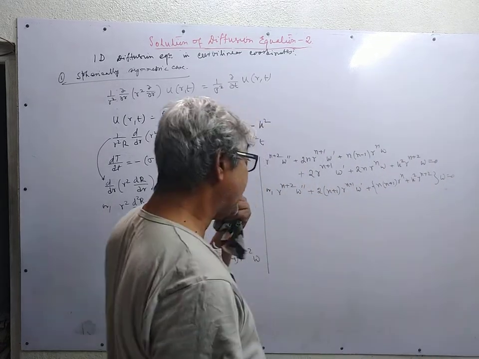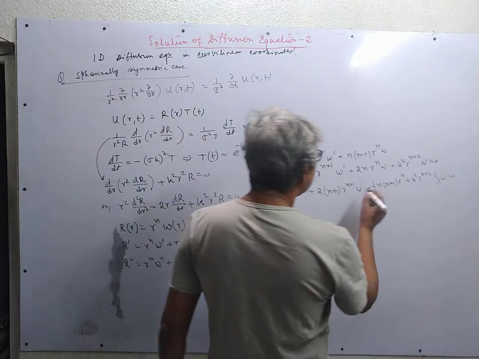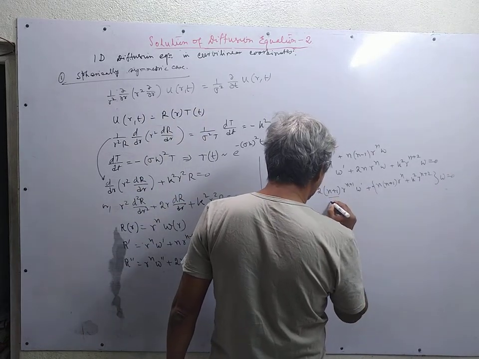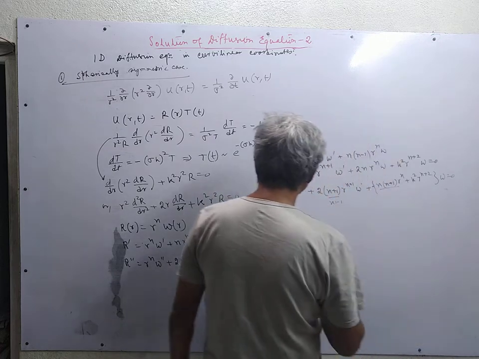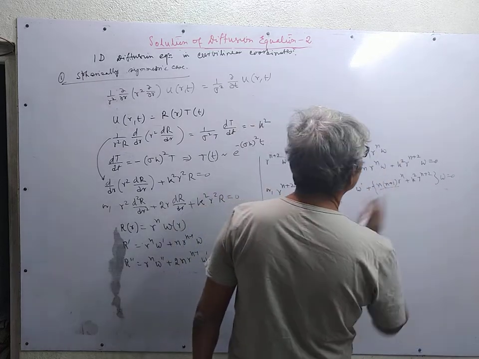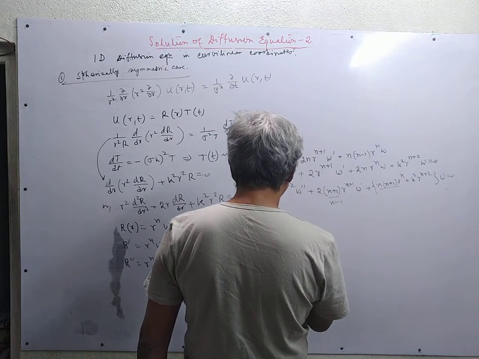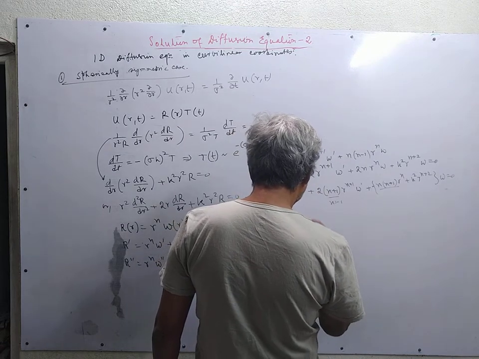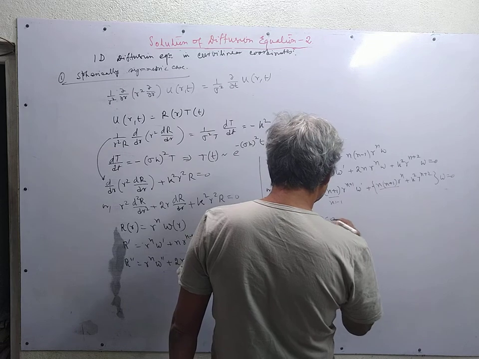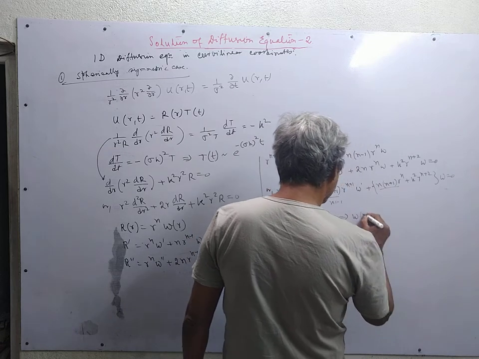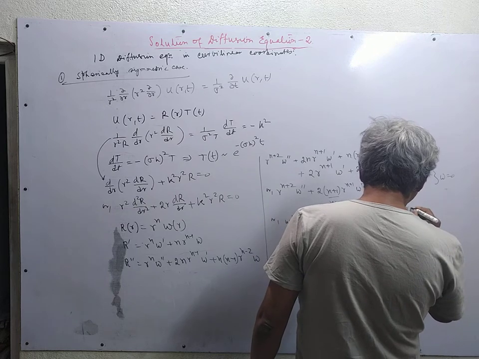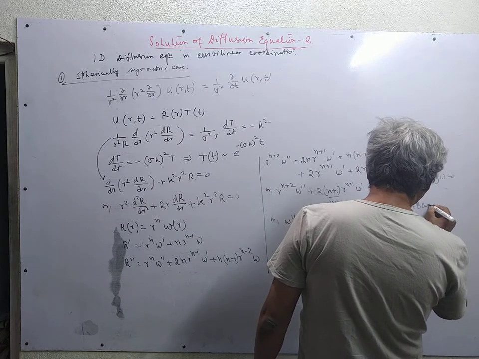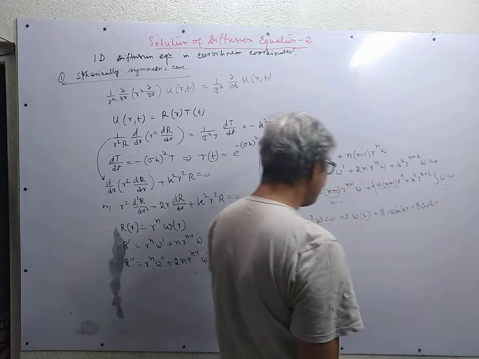We set n in such a way that the coefficient of the first derivative term is 0, that is n is equal to minus 1. Then this term will also not be there, and the resulting equation will be omega double prime plus k square omega is equal to 0, with solution omega(r) equal to a sin kr plus b cos kr.